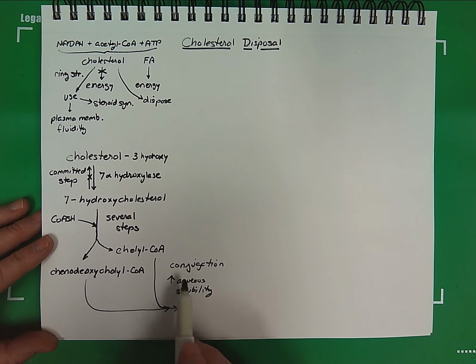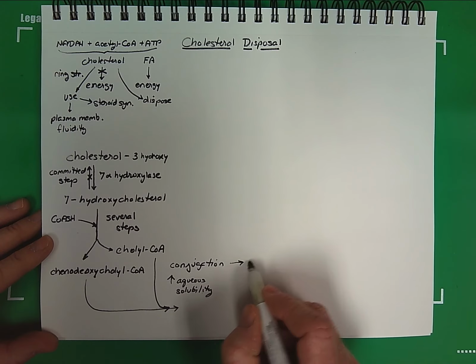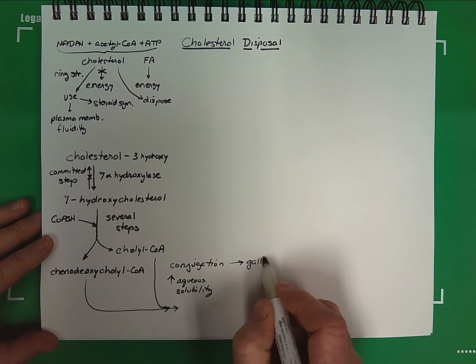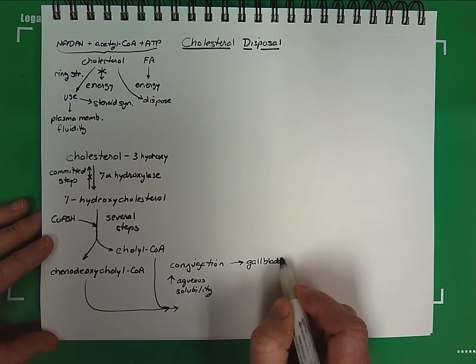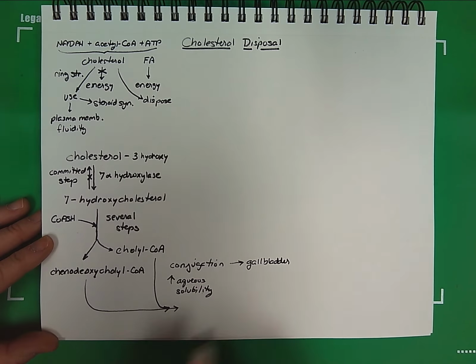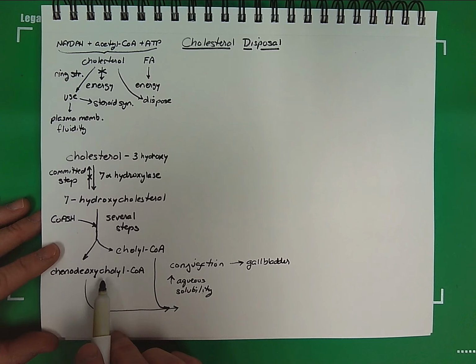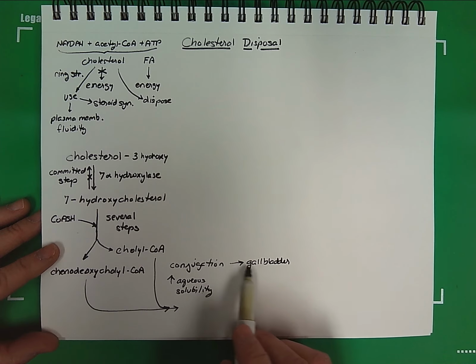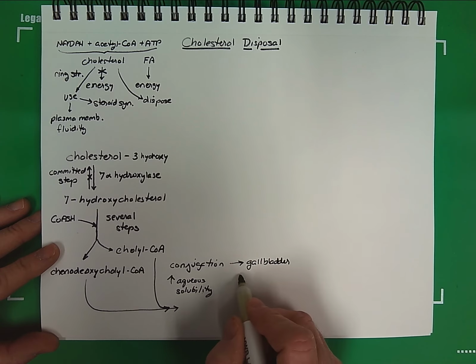What is going to happen is that these products of this conjugation are going to be stored in the gallbladder. The gallbladder, recall, is a small sac that can hold a large amount of material. And if we have a lot of hydrophobic molecules in this small space of the gallbladder, we can cause precipitations.